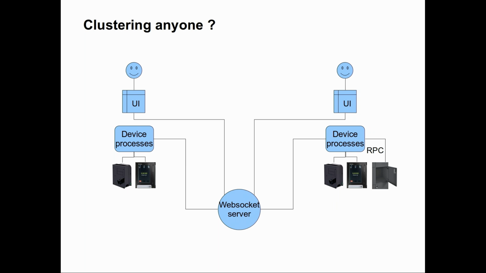And if for some reason this one fails, then that process will just start there. And the WebSocket server can also migrate to the other side. So anything basically goes, and we use the WebSocket server sort of as the central controller for exchanging information, but also doing things like opening doors and giving money back and so on.